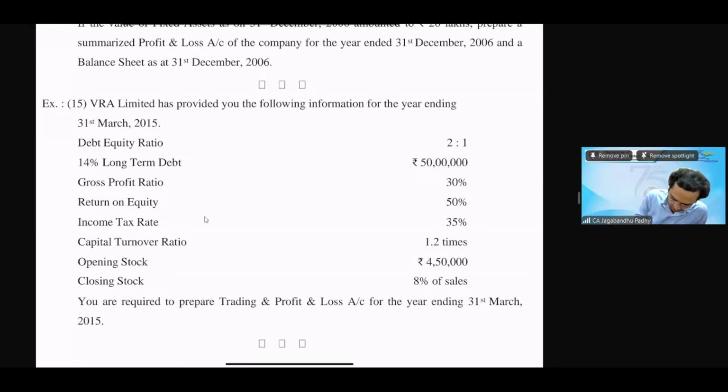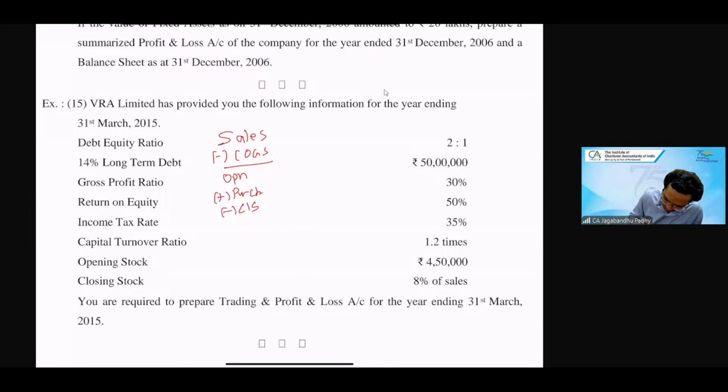Like you start with sales, less COGS. In that COGS you will have opening plus purchases less closing, right? Then you get the COGS.